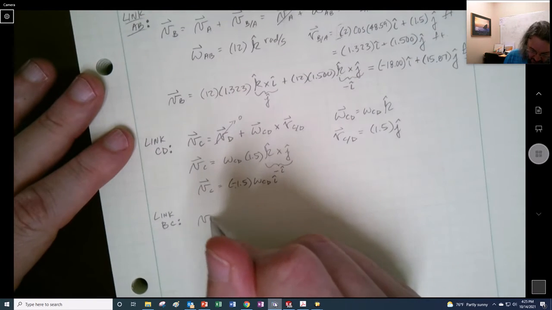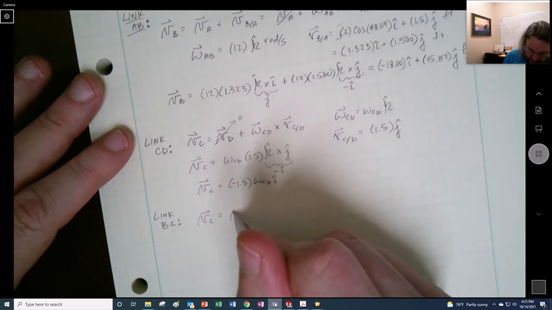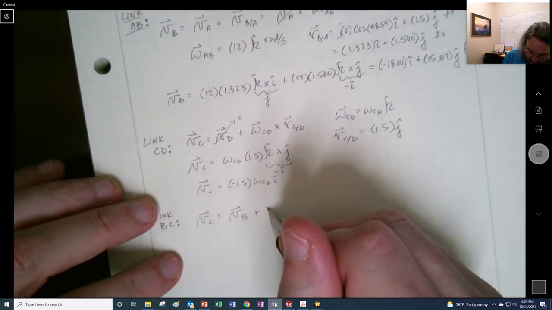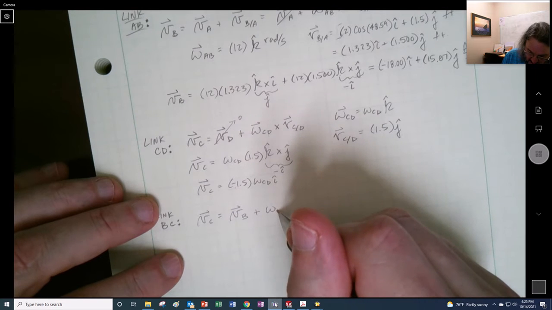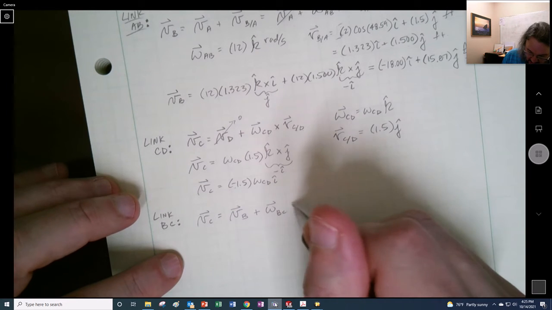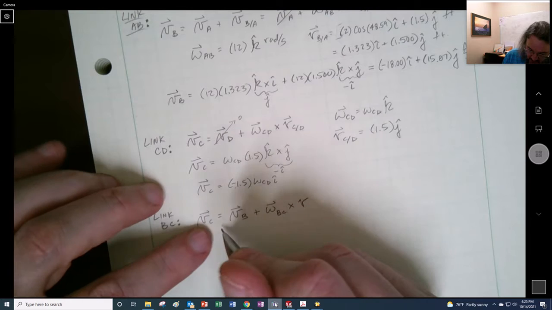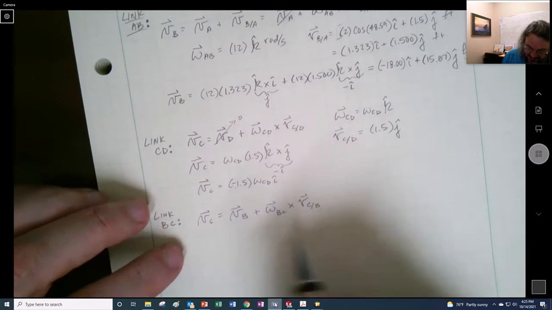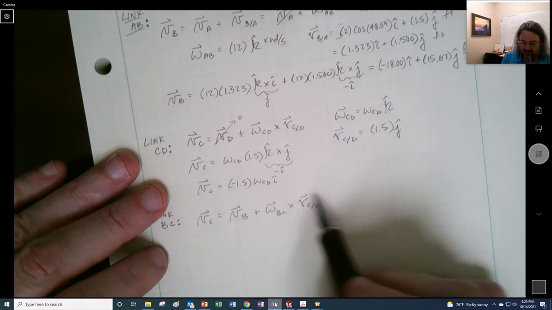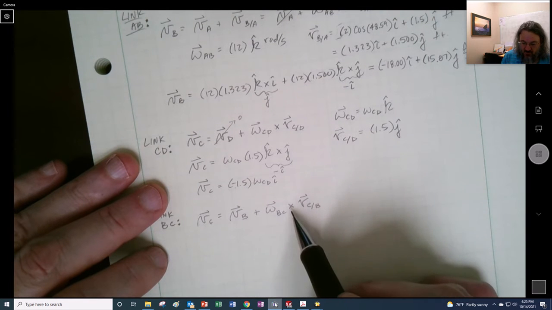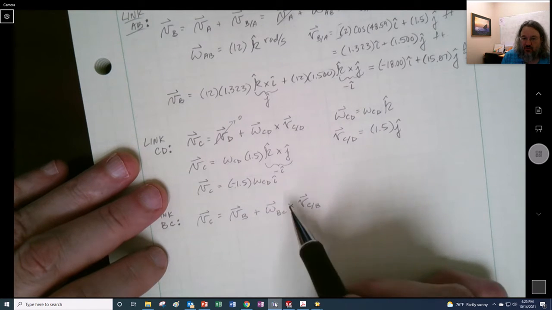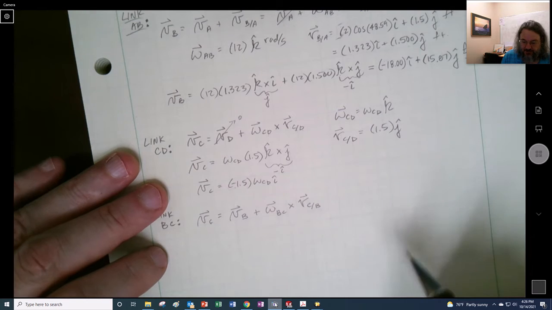So we say the velocity of C in this one is going to be the velocity of B plus the omega BC crossed with RC with respect to B. Now, once again, I skipped the step where I called this thing the velocity of C with respect to B, all right? But we know that's what this is, right? This is the translation. This is the rotation.